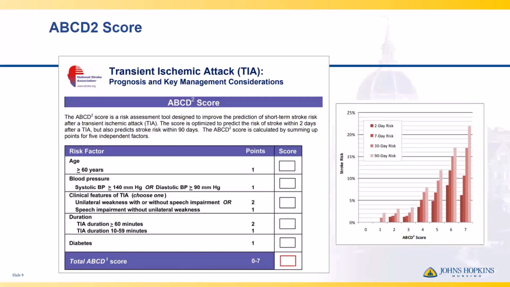And then you can see on the chart to the right, the higher your score is, the greater likelihood that you're going to have a stroke within the next few days. That can help decide whether a patient can get some of the stroke workup as an outpatient, or if they should be admitted to the hospital because the risk is much higher of having an imminent stroke.